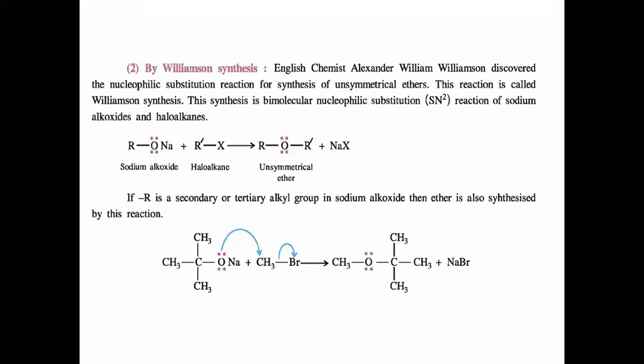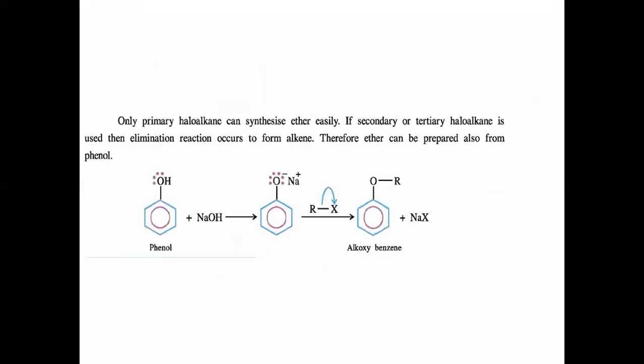Always remember, the Williamson synthesis is a substitution reaction, that is an SN2 reaction. A primary haloalkane can synthesize ether easily. If secondary and tertiary haloalkanes are used, then an elimination reaction occurs to form the alkene.